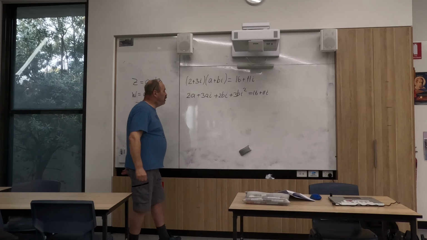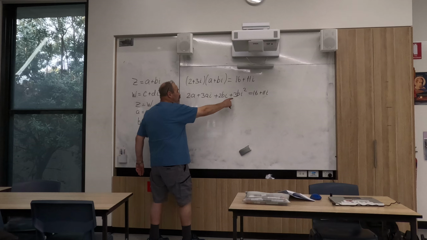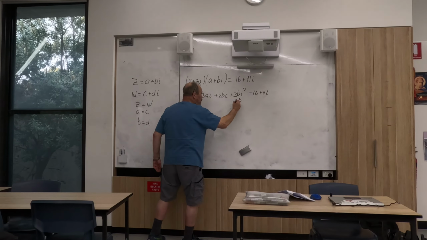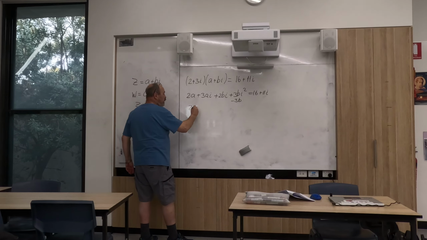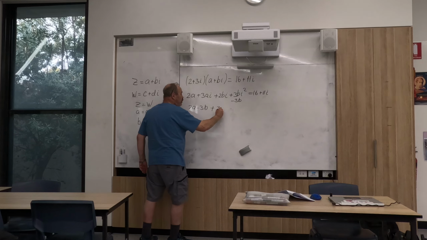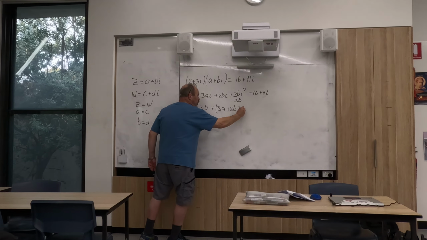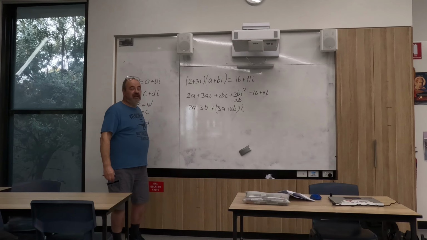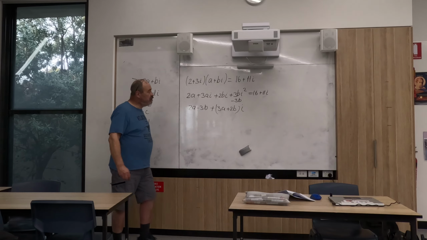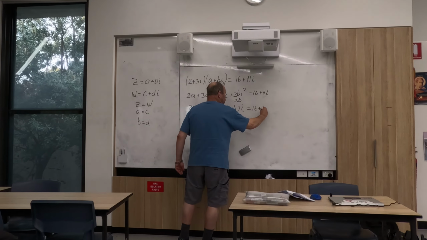We collect the real part together, where i squared is negative 1, so this becomes negative 3b. So you get 2a minus 3b plus 3a plus 2b i, equals 16 plus 11i.